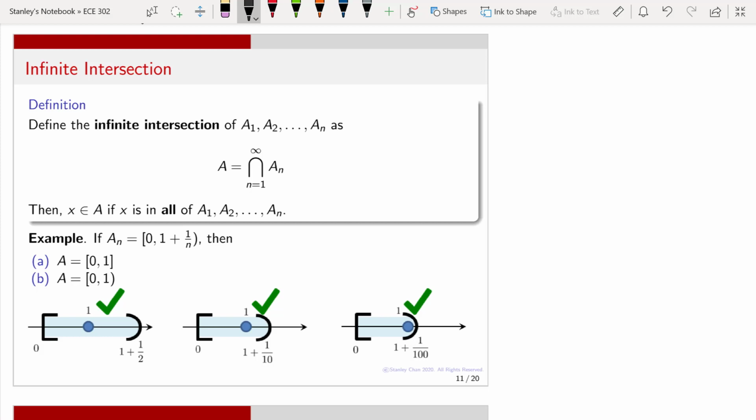It will be clearer. So suppose An is given by this equation, where An is 0 and then 1 plus 1 over n.